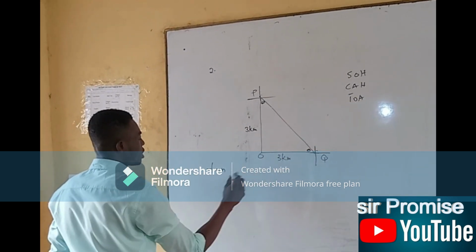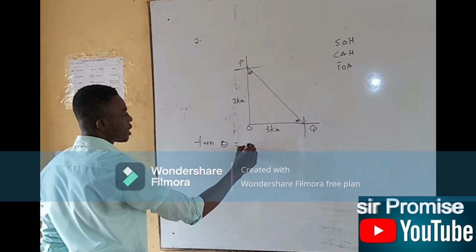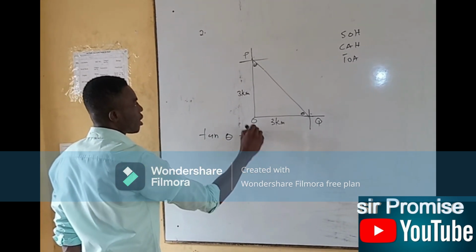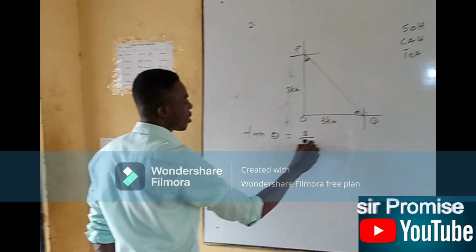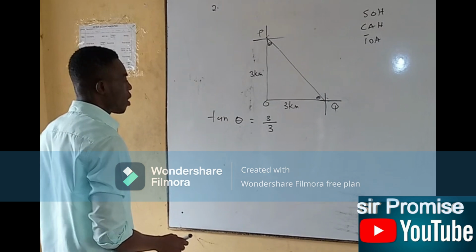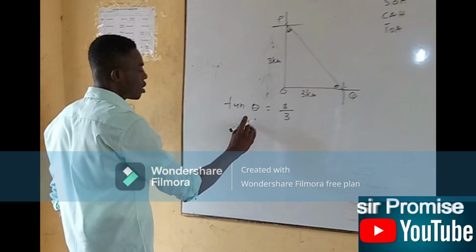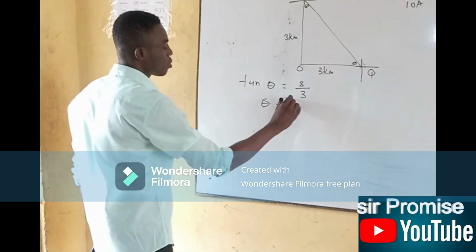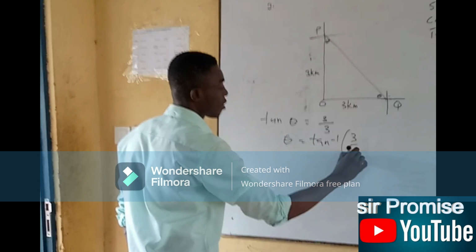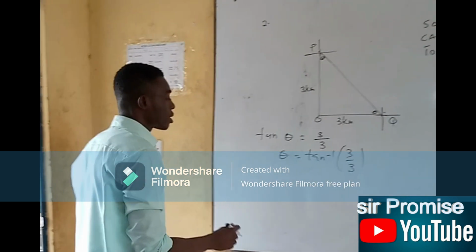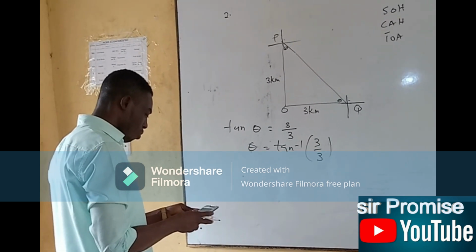This is the O and this is the A. So tan theta, we don't know the angle, is equal to 3 divided by 3. So theta is equal to the tan inverse of 3 on 3, and 3 on 3 is 1. So let's find the tan inverse of 1.